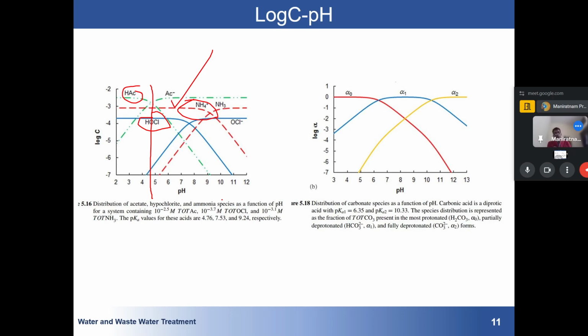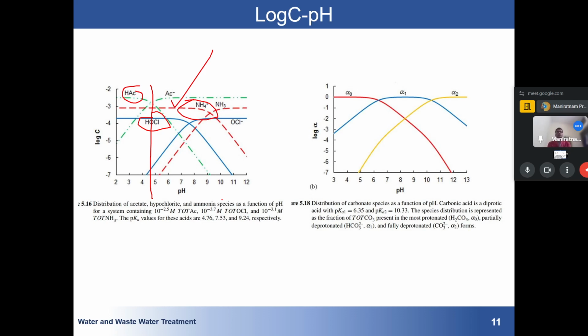So what you will do is measure the pH of the system. If the pH is below 9.2, you will say that the ammonium ion is dominant, so I have to remove that ammonium ion, and you will add the kind of chemical which will treat ammonium.